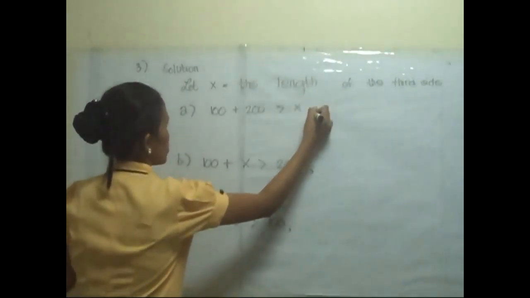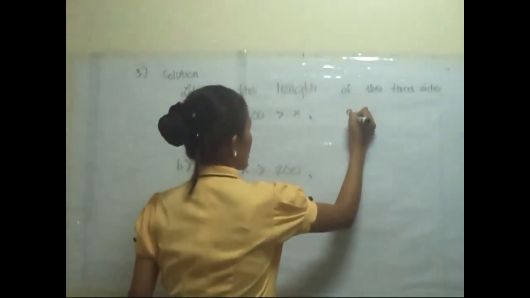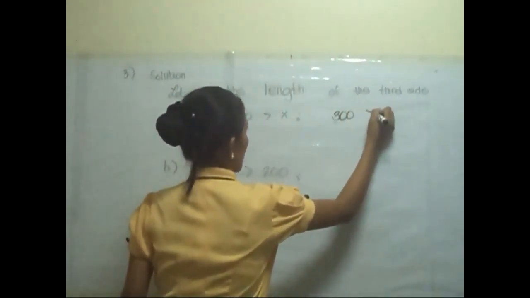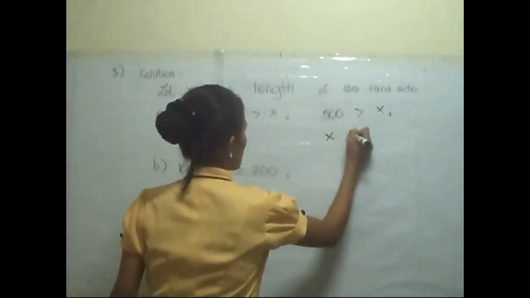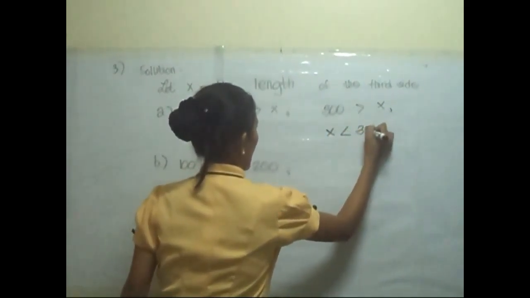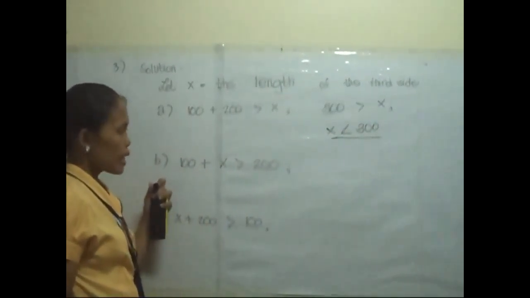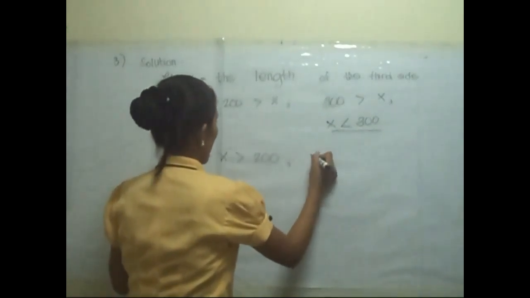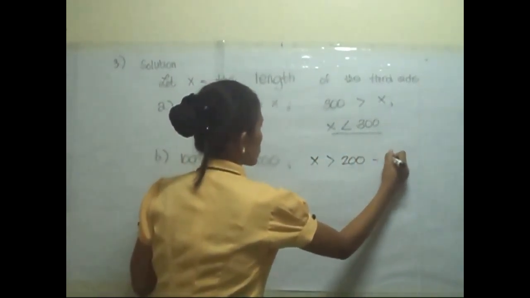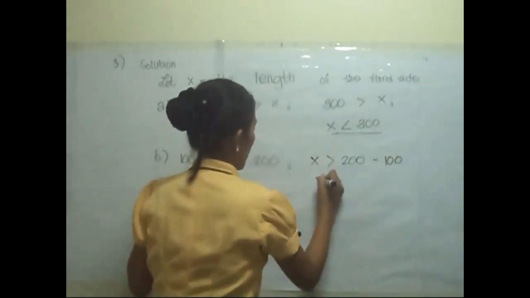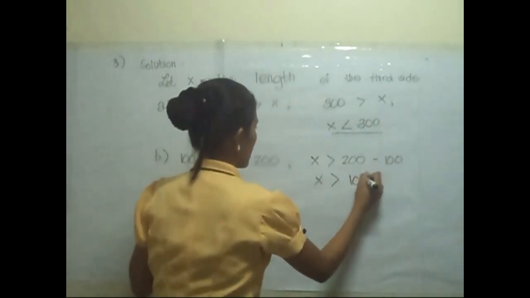In the first inequality, we have 300 is greater than x, or x must be less than 300. In inequality letter B, we have x is greater than 200 minus 100. So x must be greater than 100.